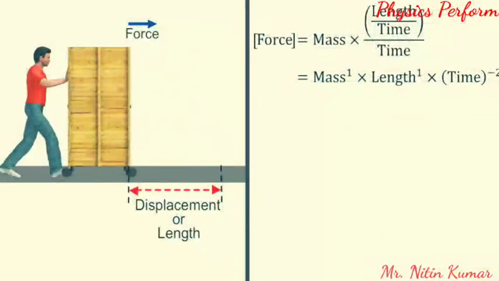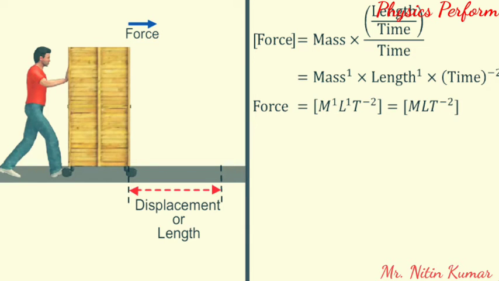The physical quantity expressed in terms of its base quantities is enclosed in square brackets to show that it is an equation among the dimensions of the quantity and not among the magnitudes. Thus, we can write the expression for force as [F] = [M L T^-2] as shown.